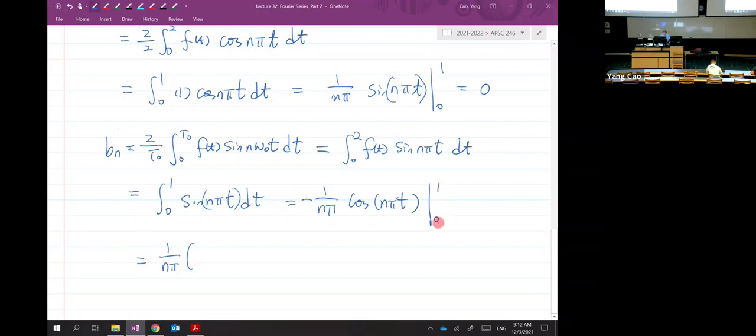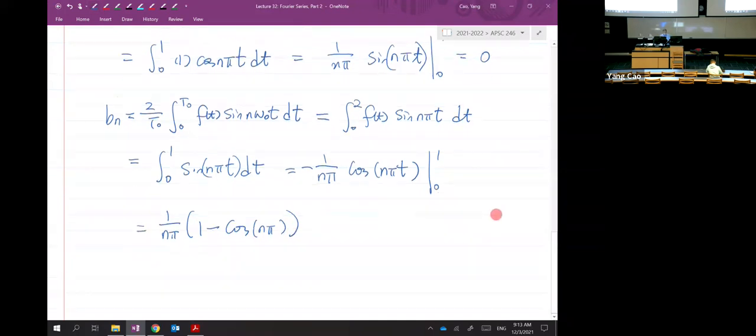And you want to plug in 0 to 1 into the limit. When you plug in 1 here, now you get cosine n pi. When you plug in 0 here, you get cosine 0. Cosine 0 is 1, right? So you get 1 minus cosine n pi for this integral result.